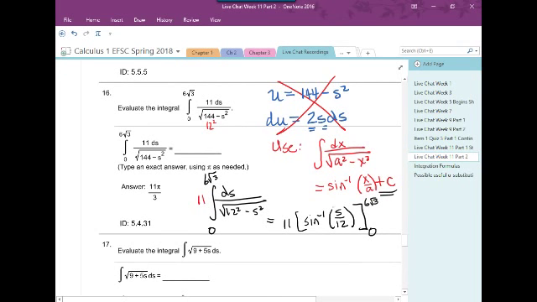Now, whenever you evaluate a definite integral, and we haven't done one yet today, you plug in the top minus the bottom. So what I mean by that is you're going to have 11 times the inverse sine of 6 root 3 over 12, minus the inverse sine of 0 over 12.